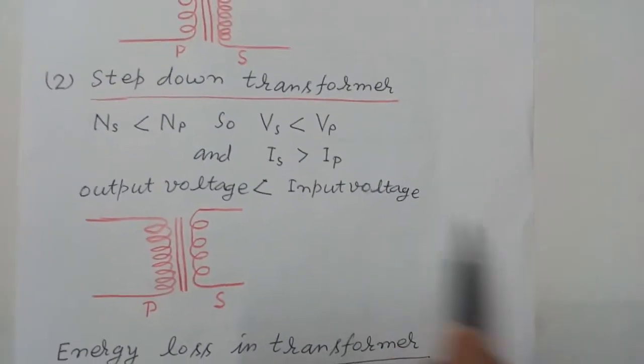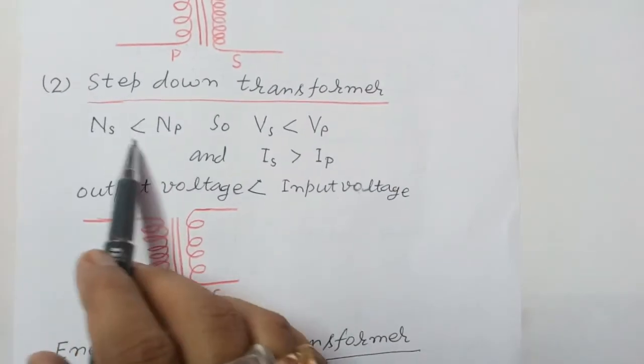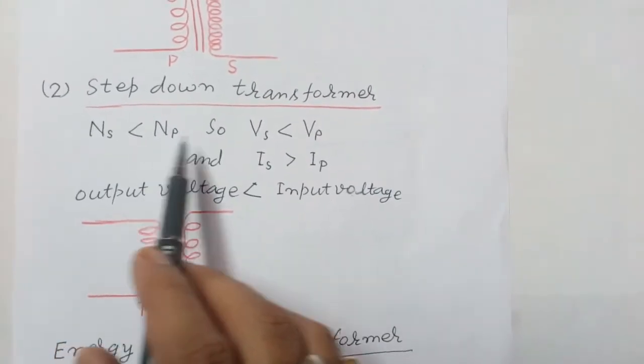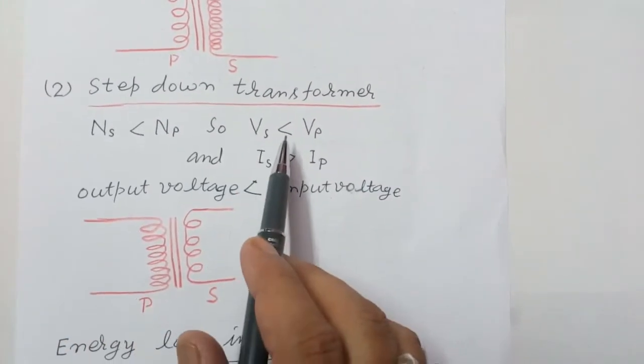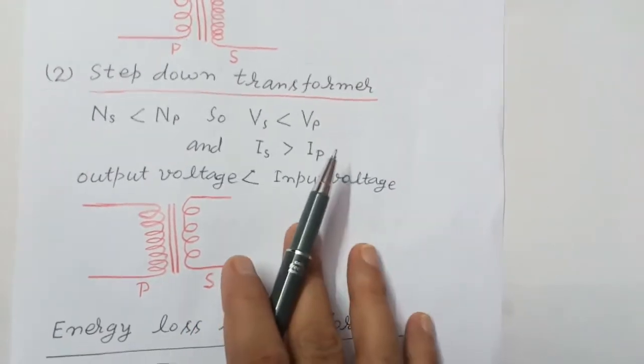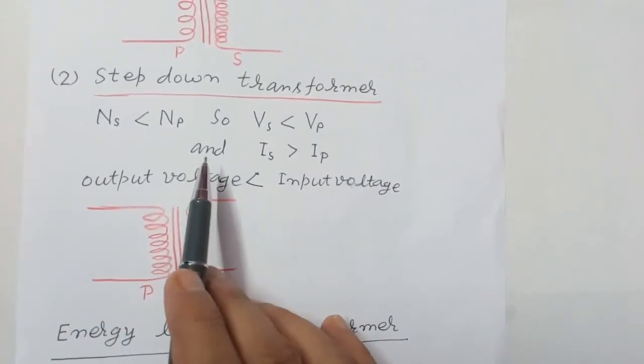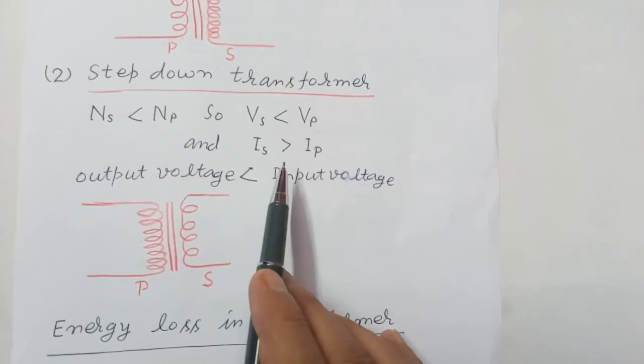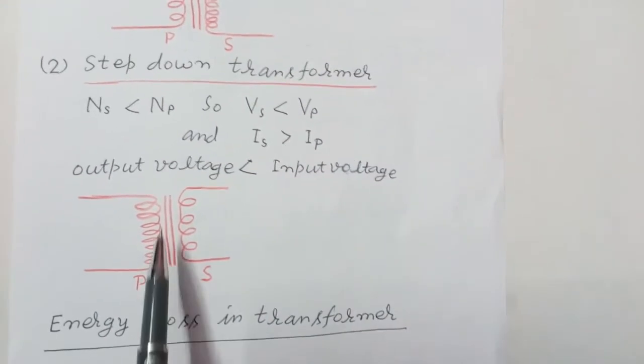In a step down transformer, the number of turns in the secondary is less than the number of turns in the primary, so the voltage across the secondary is less than the voltage across the primary, and current in the secondary is greater than current in the primary.